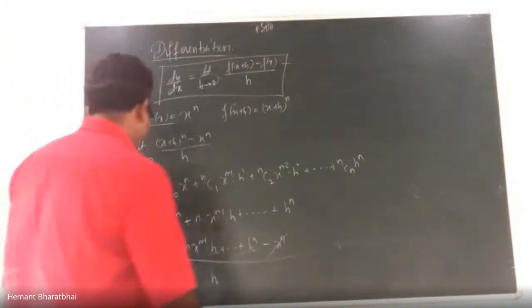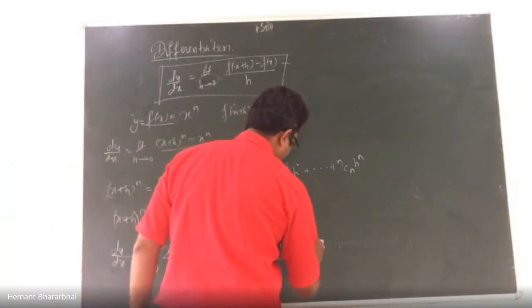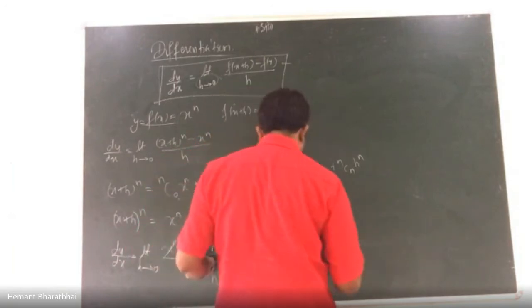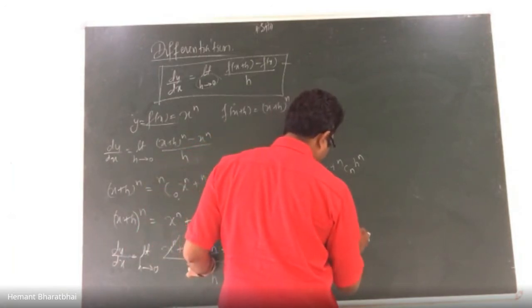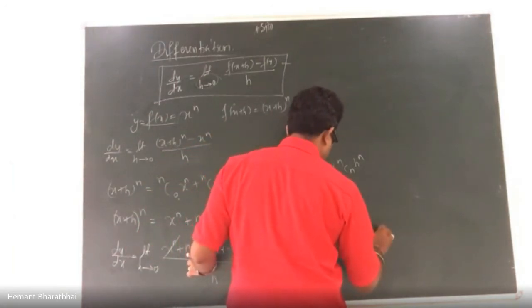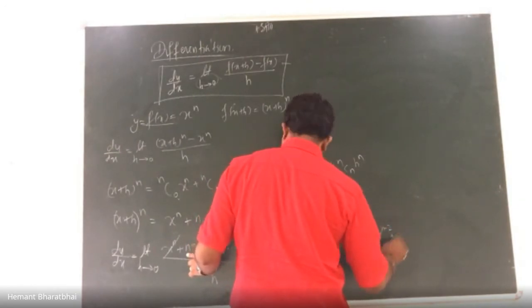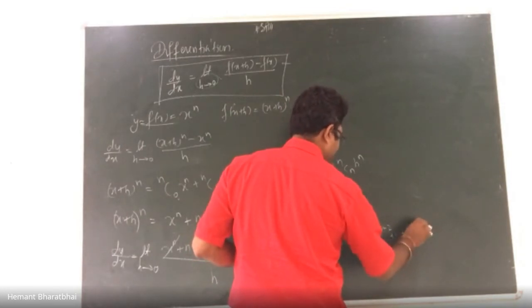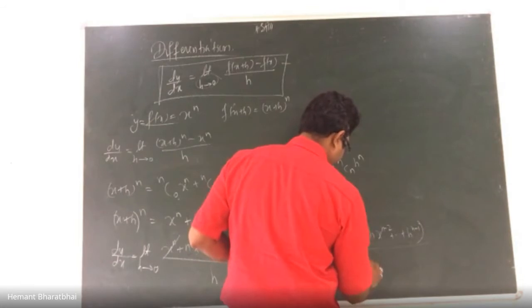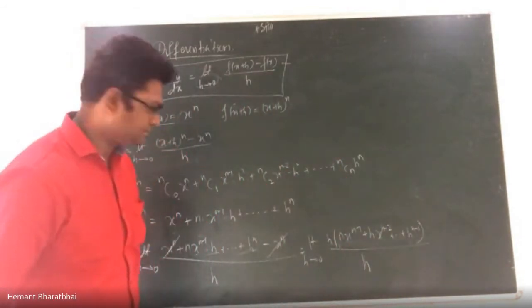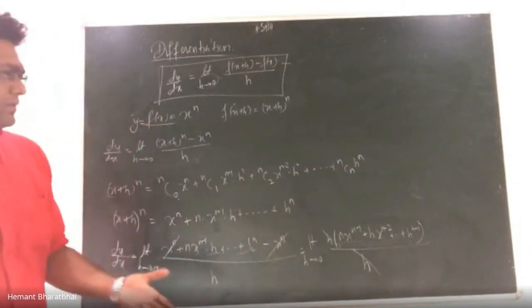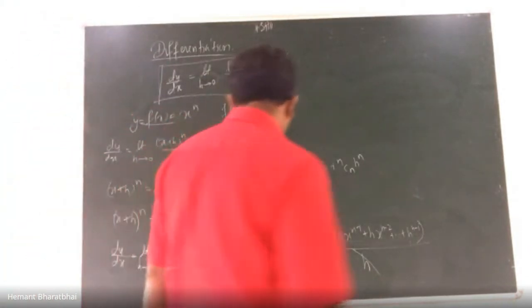So I can take h common, and I'll get the limit of h tends to 0, n into x raised to n minus 1 plus h into x raised to n minus 2 plus and so on, up to h raised to n minus 1, the whole upon h. So this h and this h will get cancelled. Now there is no 0 in the denominator, so we can apply the limit.